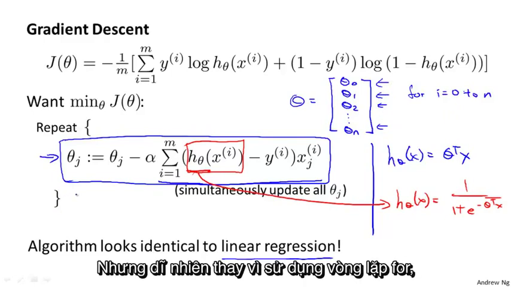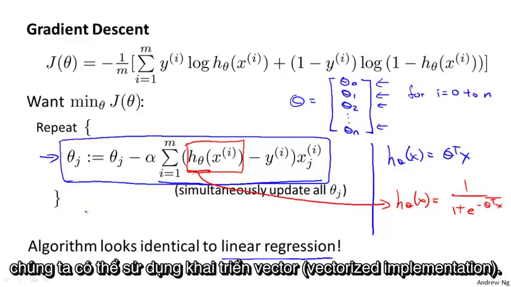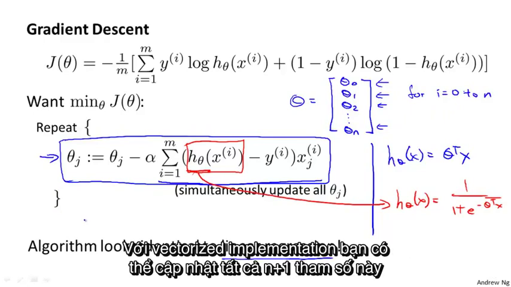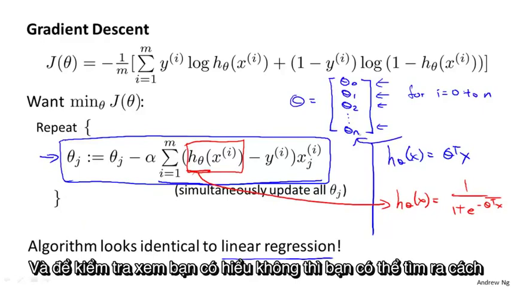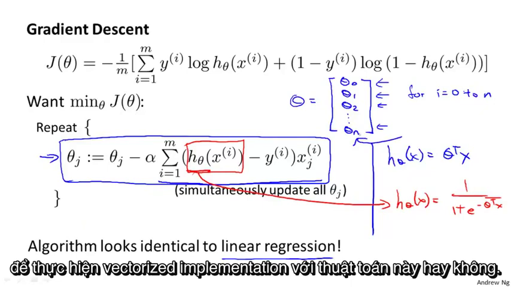But of course, rather than using a for loop, ideally we would use a vectorized implementation, which can update all of these n plus 1 parameters in one fell swoop. And to check your own understanding, you might see if you can figure out how to do the vectorized implementation of this algorithm as well.